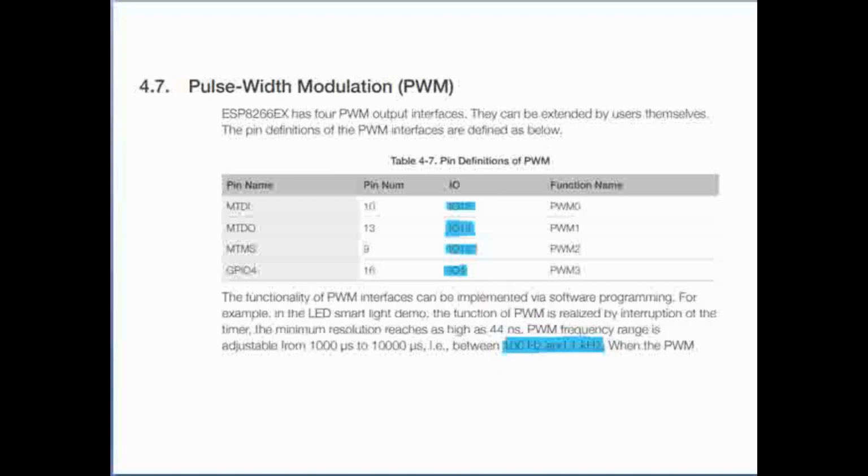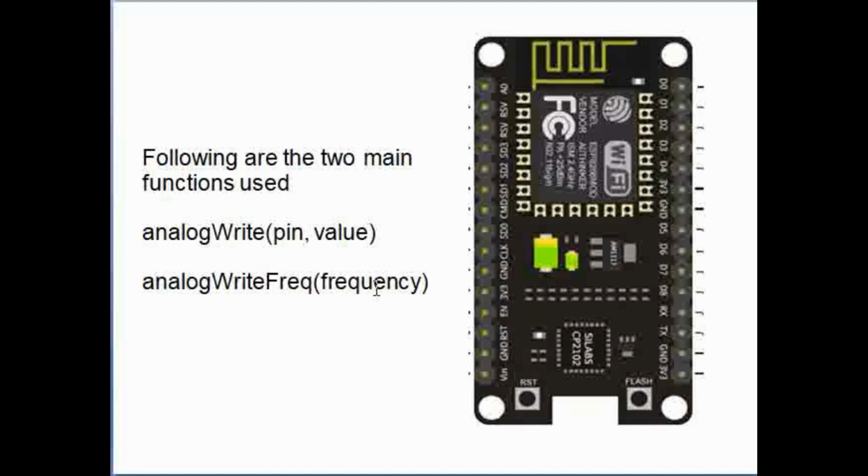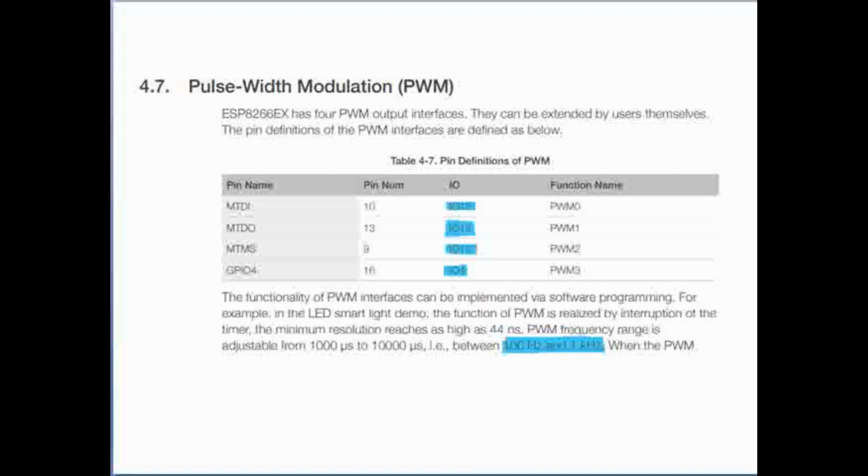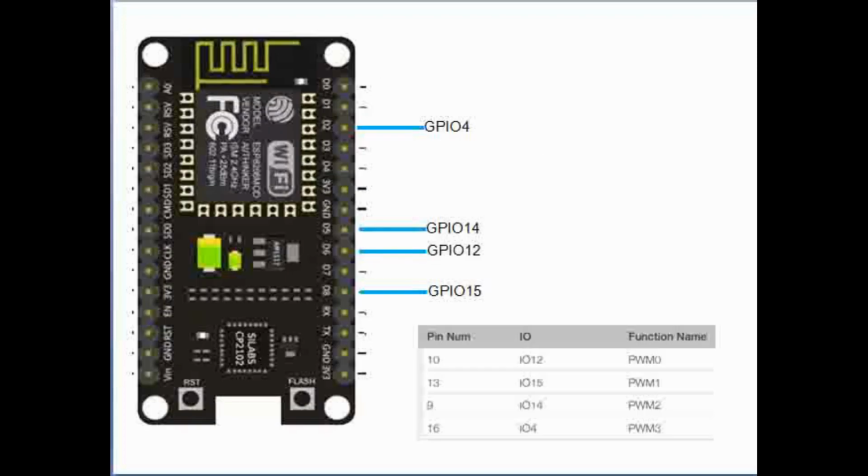So as you see here in the previous functions, the frequency can be 100 Hz to 1 kHz, and you can vary the duty cycle as required on 4 pins. On the physical NodeMCU device, these come to D2, D5, D6 and D8. So these four pins can be used as PWM on the NodeMCU as per the ESP8266 datasheet.